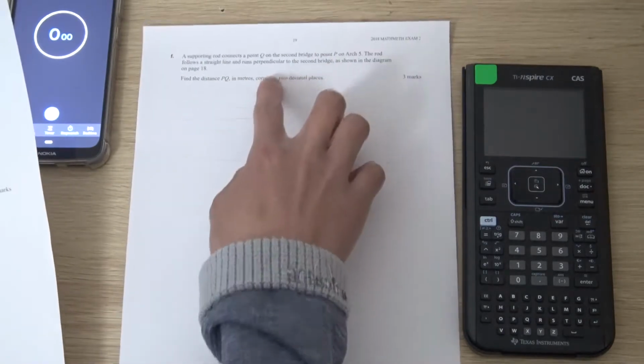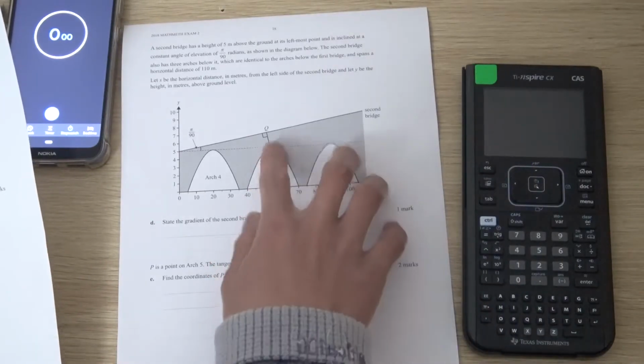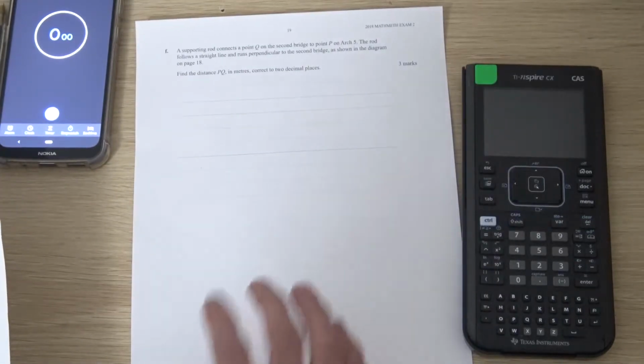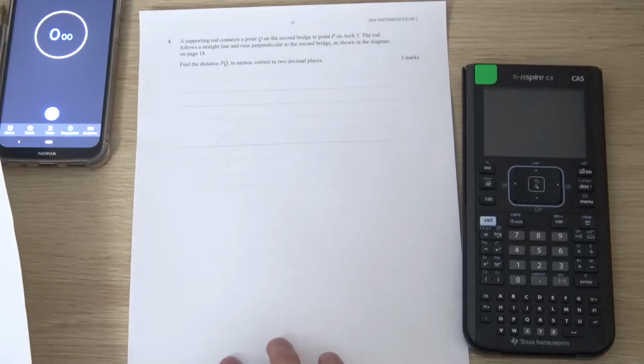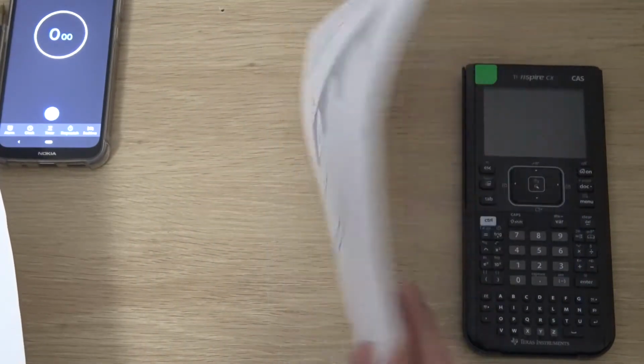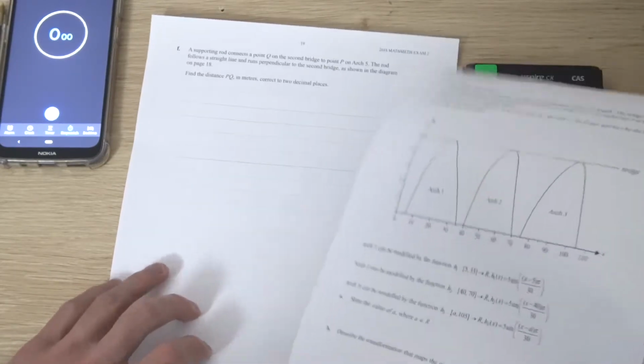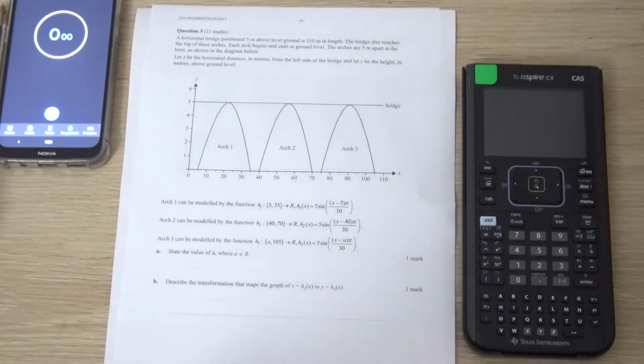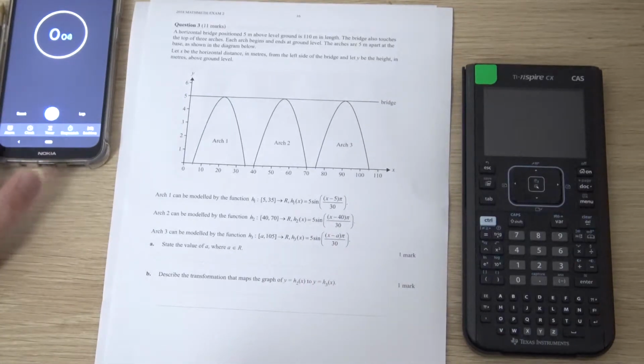So we have point P, then we also have this point Q right here that we have to find somehow, and we have to find the distance PQ. So interesting question, it's not too bad, and we can use the programs to help us out quite a bit as well, which is quite nice. So as always, let's start the timer and see how fast we can answer this question.